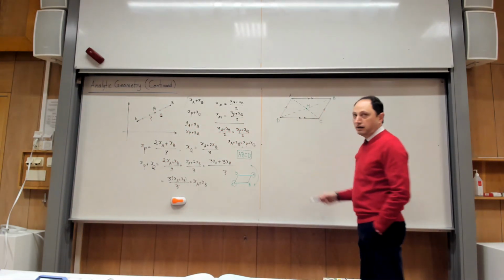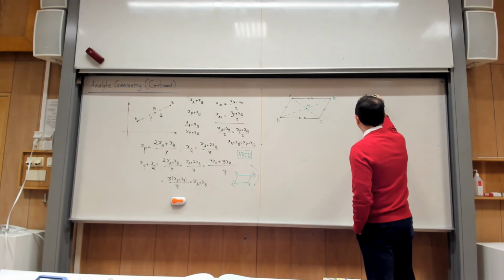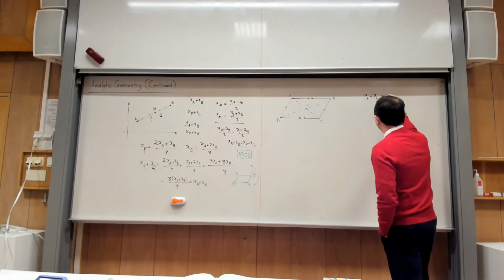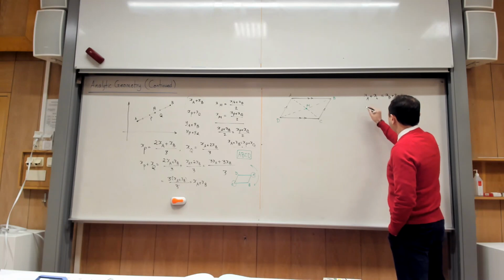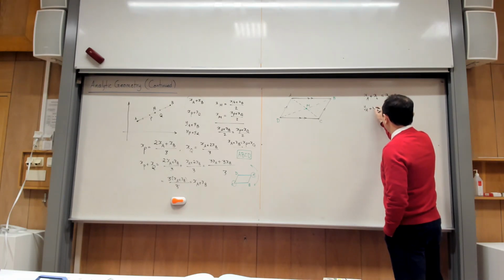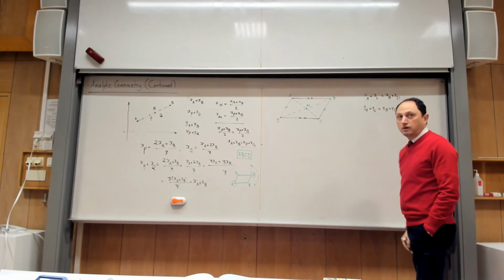If I have a parallelogram, then XA plus X of the opposite point to it, XC, is always equal to XB plus XD. And the same holds: YA plus YC is YB plus YD. So I want you to tell me why.